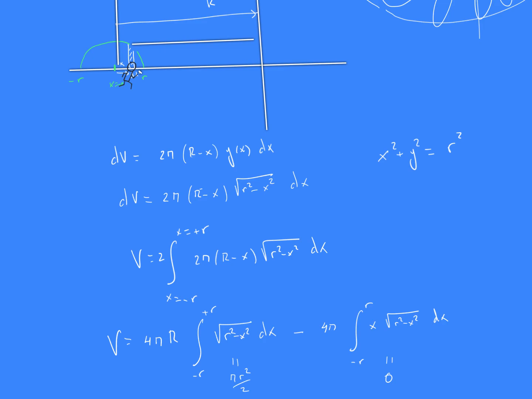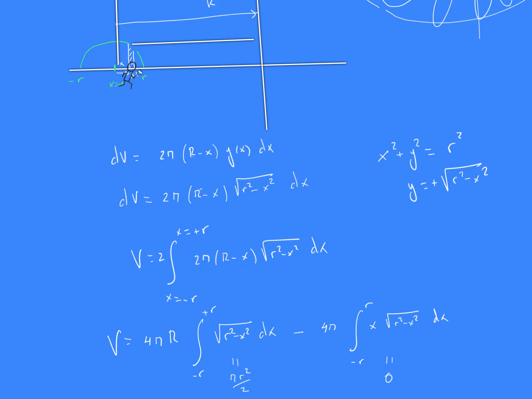Don't confuse little r with capital R, that is the radius of rotation. y is the positive square root because I want to take the positive height of r squared minus x squared. So this is y of x. y of x is the square root of r squared minus x squared dx.